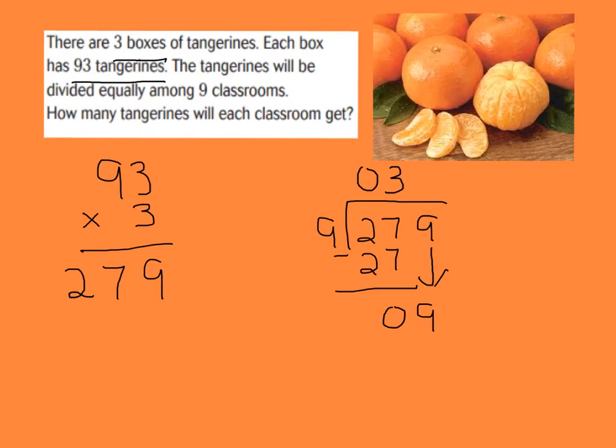So I will divide 9 into 9, which goes 1 time. And now I will multiply 1 times 9, which is 9. And now I'm ready to subtract. And I have no remainder. So my story problem was asking, how many tangerines will each classroom get? And the answer is each classroom will get 31 tangerines.